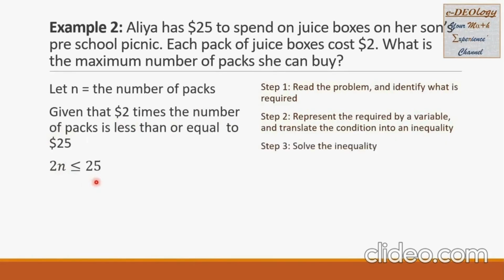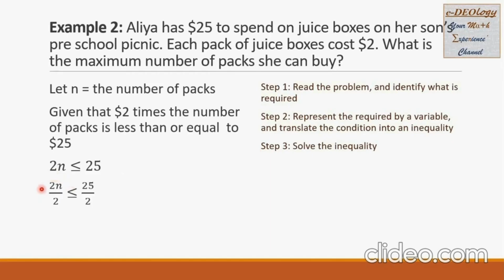We will solve now the inequality, and that is our step 3. In solving, we would want to make n having coefficient of 1. So what we will do, we will divide this inequality by the coefficient of n, and that is 2.